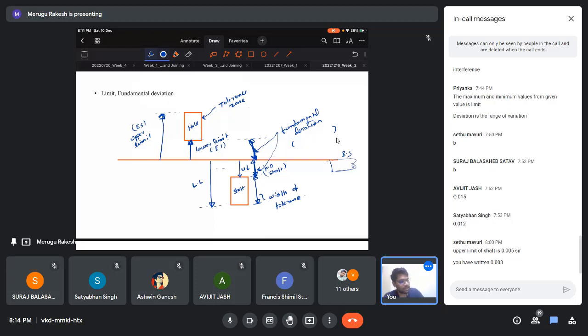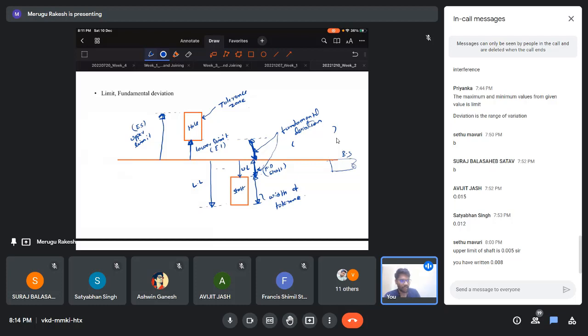As someone also pointed out earlier, there are three types of fits: clearance fit, which we have seen, interference fit, and transition fit. These three types of fits we come to know when we draw this diagram for a particular system.